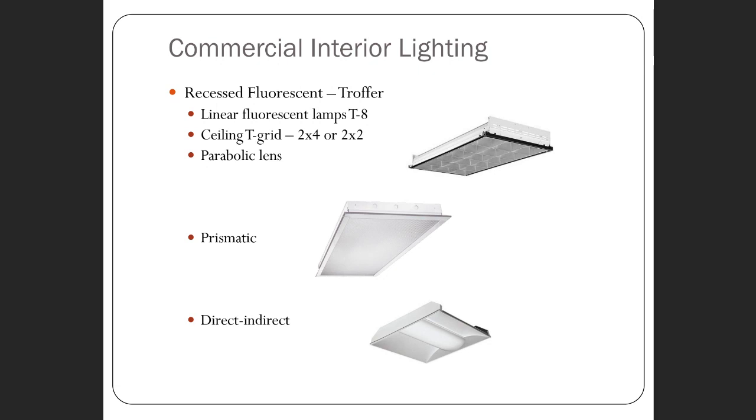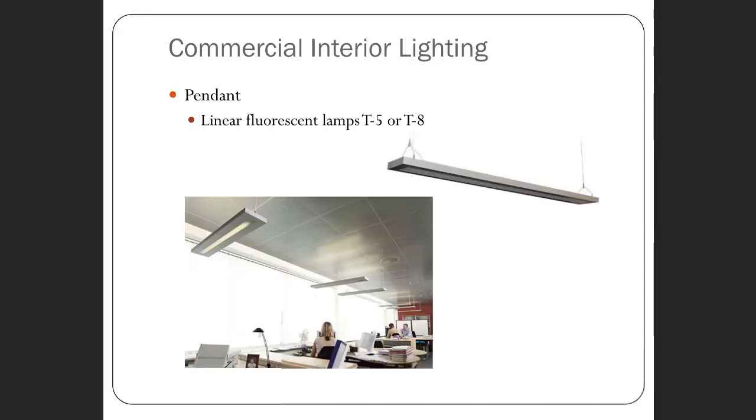I can't remember what's in the classroom in our building, but I believe it's one of these direct-indirect fixtures like that. But again, behind that shield, there are some linear fluorescent lamps. So again, these are the light fixtures in one way or another that are going to be typical in commercial interior space.